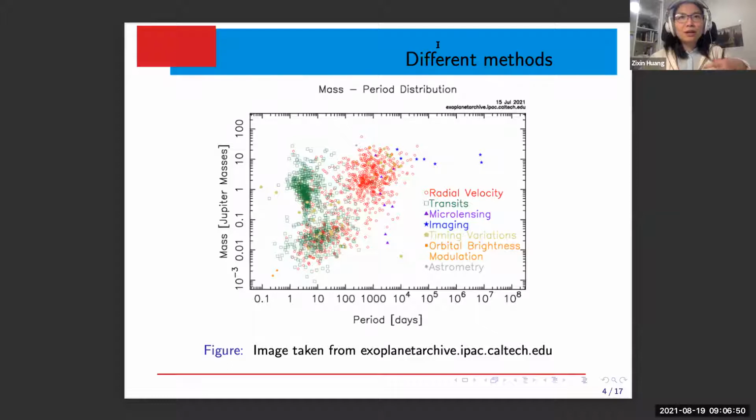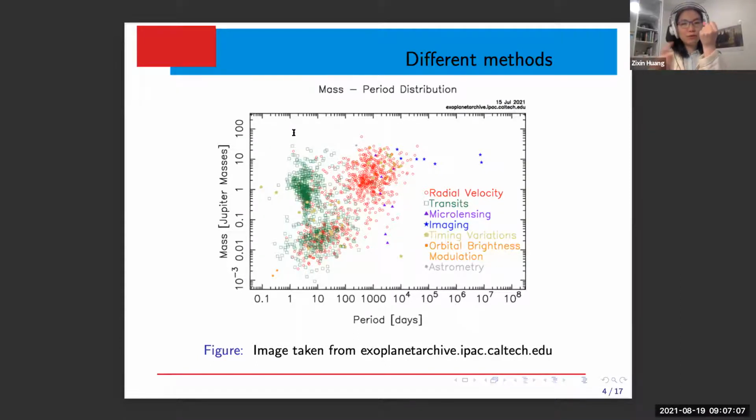So there are a couple of different methods used currently for exoplanet detection. Some of the more sensitive or traditional ways include transit methods. So these are the green squares over here.